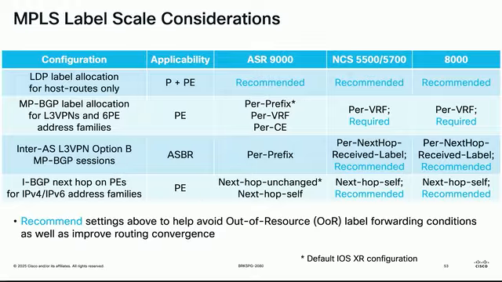And reducing label consumption, because labels are a scarce resource, helps to mitigate the risk of out-of-resource conditions in the forwarding plane. If you hit an out-of-resource condition in the forwarding plane, it could disrupt traffic, okay? So these are the recommendations as it relates to label allocation on the various platforms.